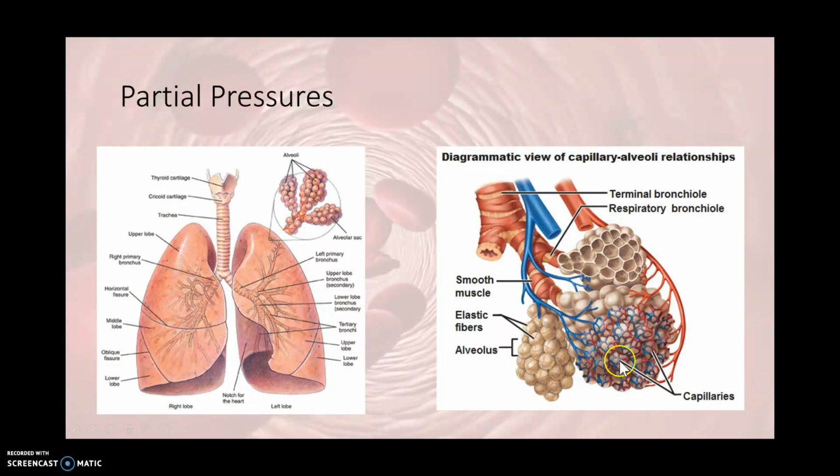Then the mixed venous blood, which is coming back to the lungs, is about 40. That gives us another 60 millimeters of mercury gradient, and that results in our systemic arterial partial pressure of O2, which is 90. And we need that to be high, which I'm going to explain next while we exercise.